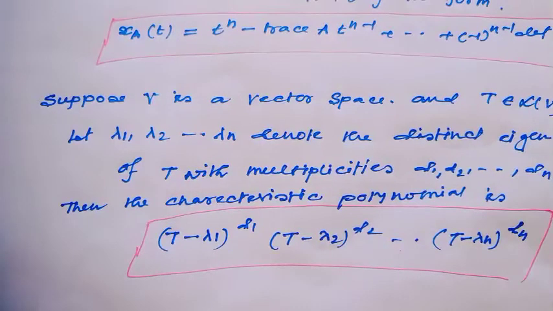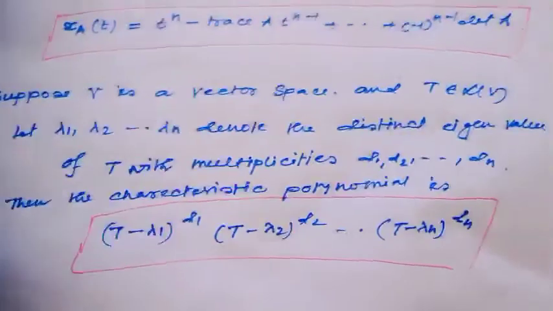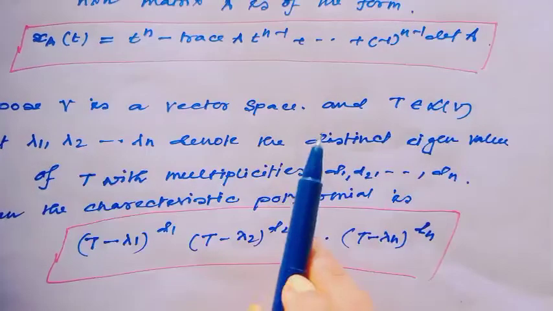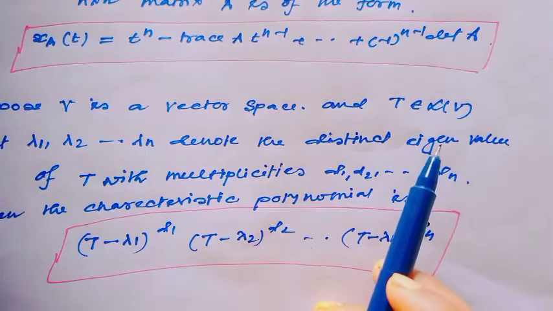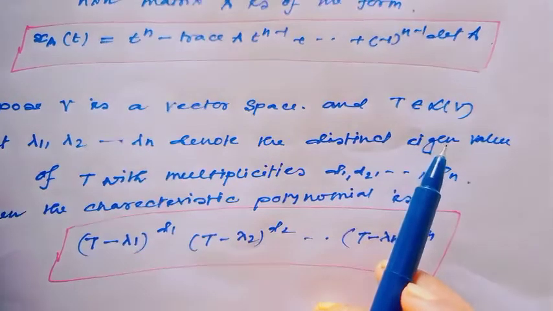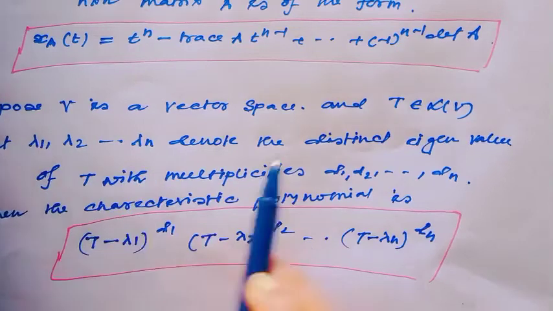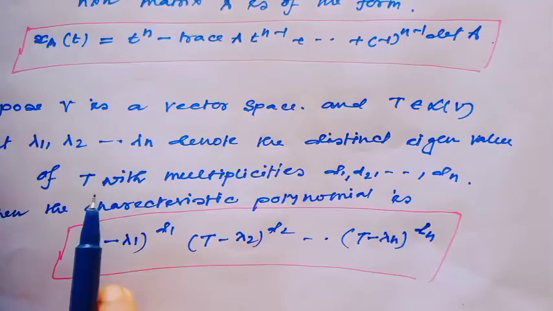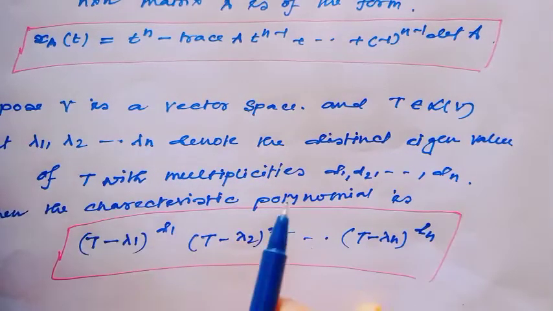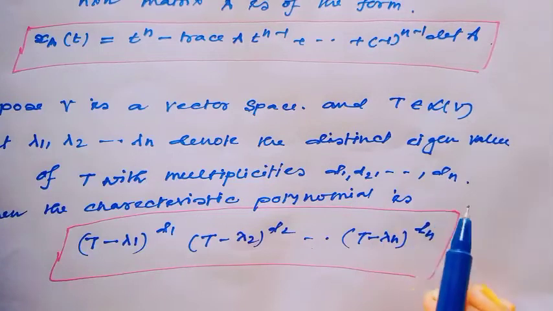Just recall, I had seen in my earlier video, suppose V is a vector space and T is a linear operator which maps from the vector space to itself, and let lambda 1, lambda 2, up to lambda n denote the distinct eigenvalues of this linear operator with multiplicities d1, d2, up to dn.